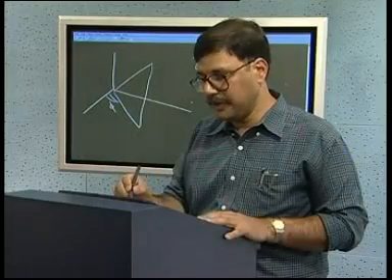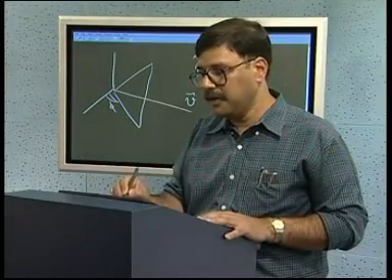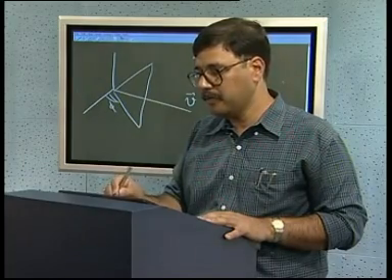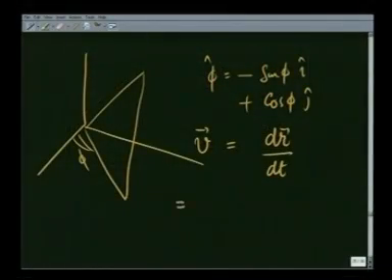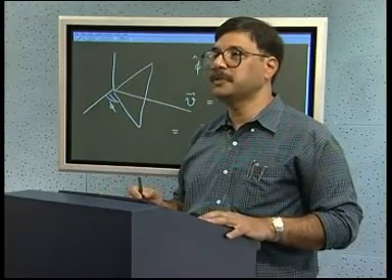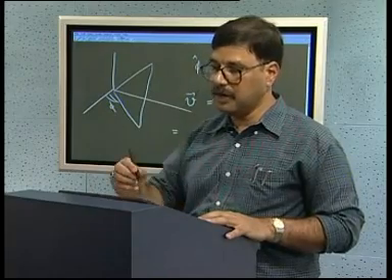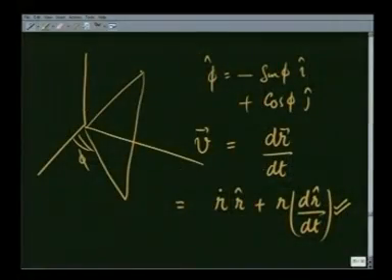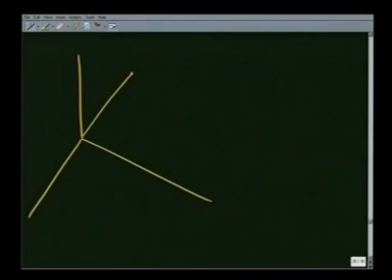Now, how about the velocity? Velocity is equal to dr by dt, which is equal to r dot r plus r dr dt. Expression for dr dt, the rate of change of the unit vector, in this case is going to be slightly more complicated, because now it has all three components, but we can geometrically see how this is going to be. Here is vector r.